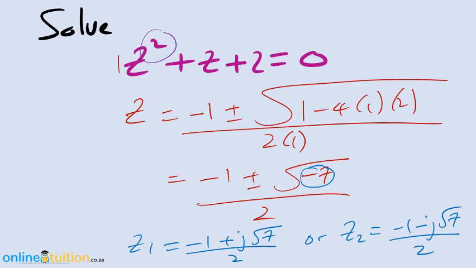But then we have plus or minus, and hence there we have. Okay, so it's important that you actually understand how these two roots came about, especially with the j sitting in front here. Cool stuff, man.